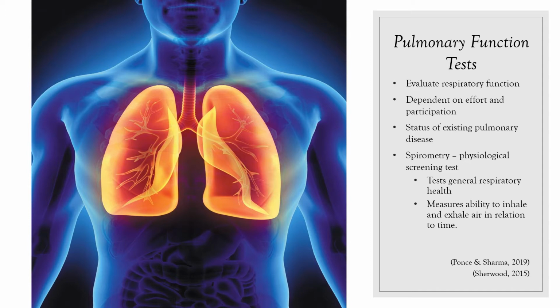Spirometry is a physiological screening test of general respiratory health that measures the individual's ability to inhale and exhale in relation to time. During this test, the individual is asked to breathe through a tube that analyzes the volumes of air being pulled into the lungs and those being expelled.